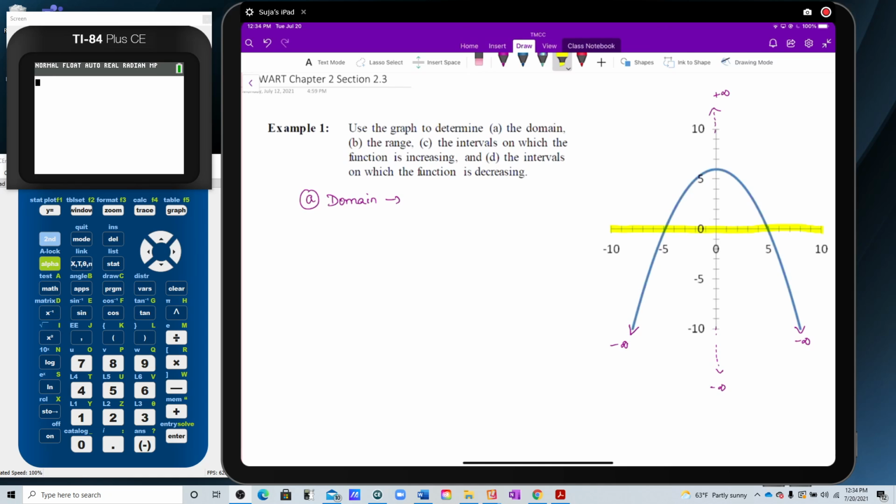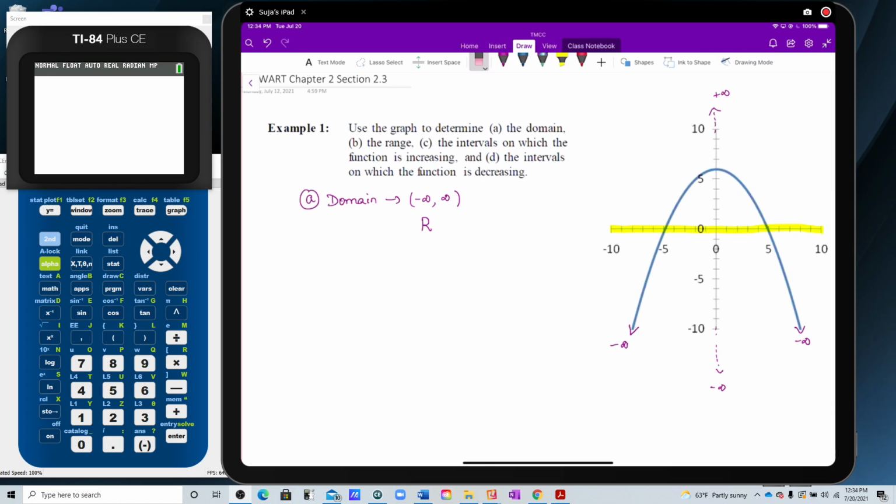One way of representing it is using interval notation, where you would say it's from negative infinity to infinity, or you can also say that it's all real numbers, which means it's everything on your x-axis.